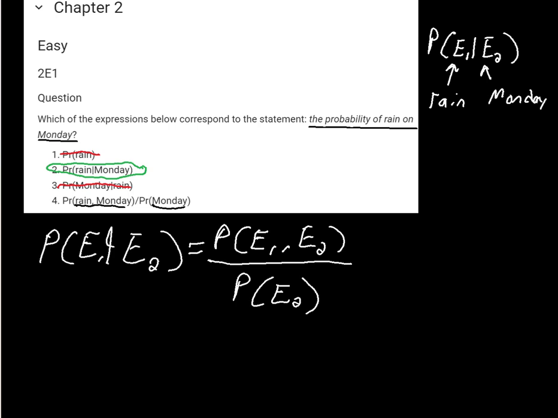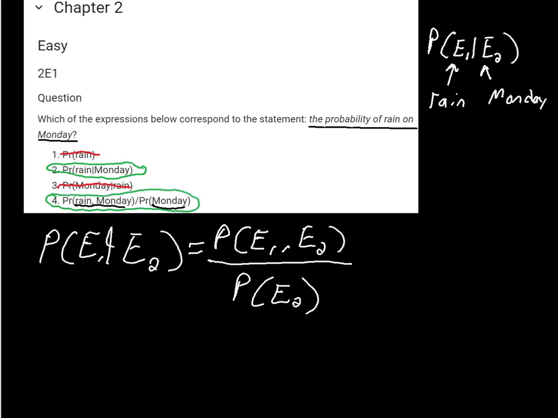And so we see then that our conditional probability can be rewritten as a joint probability divided by what's called a marginal probability here. So it turns out that number 4 is also a correct answer.